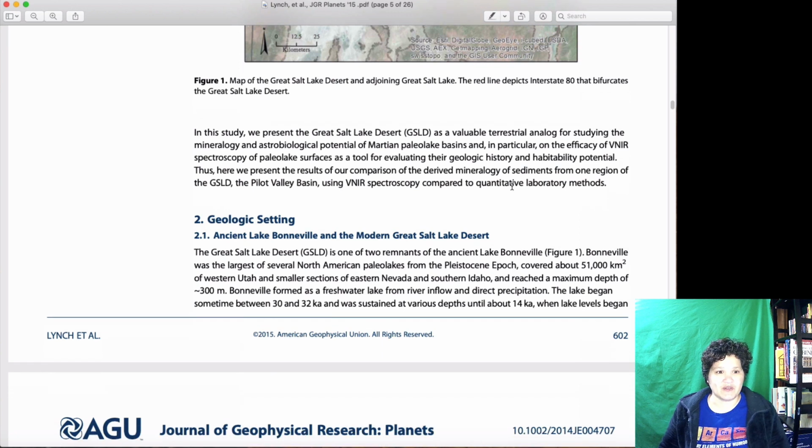This is what we were working up to. In this study, we present the Great Salt Lake Desert as a valuable terrestrial analog. Okay, so we kind of said that earlier in part 1, but here we're being very specific about how we talk about this as an analog. And all of this stuff ties back into those paragraphs and paragraphs before it, where we're deciding, why are we actually using this particular field site?